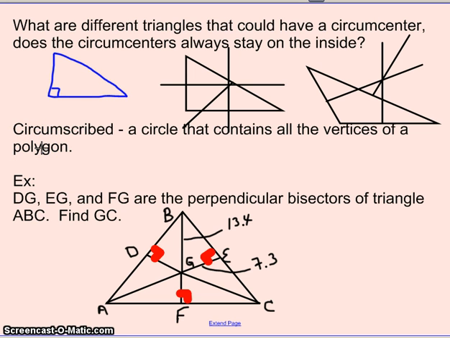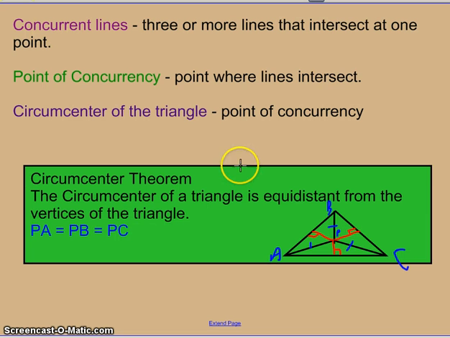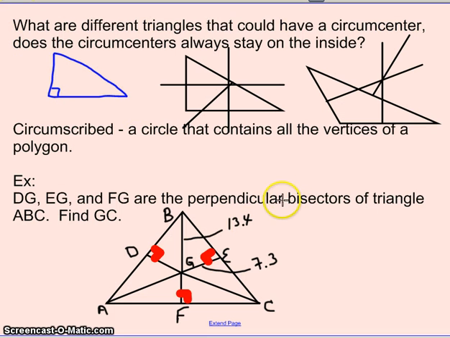So whenever we find the circumcenter, if we were to start a circle that went through one of the vertices, it's actually going to encompass or hit all of the vertices. So that's what they mean when they circumscribe a triangle, is they find the circumcenter and then they make a circle going through every single one of the vertices of the triangle.